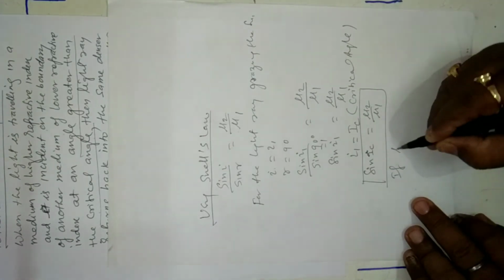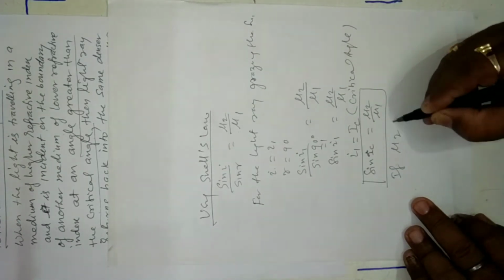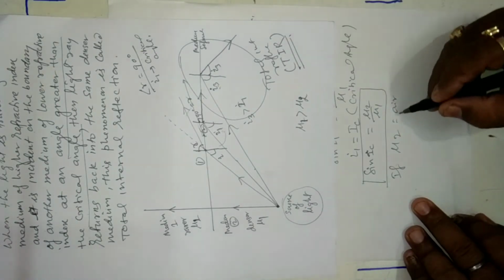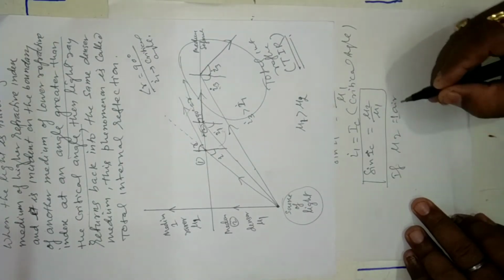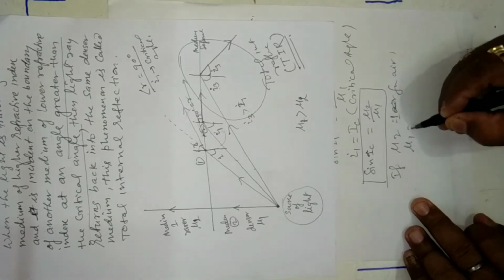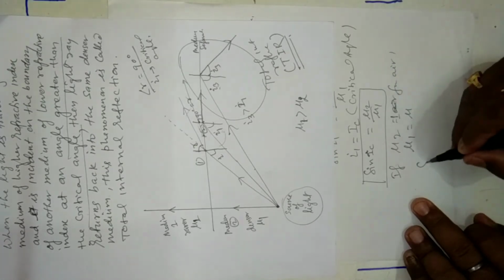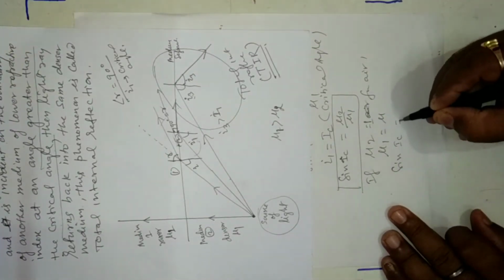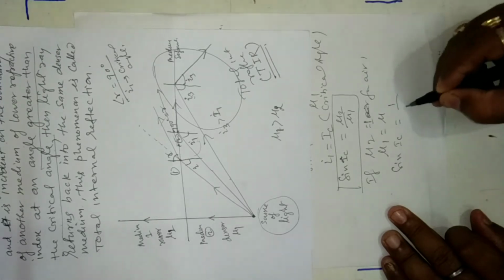If mu 2, the second medium, is air, then mu 2 is equal to 1, and at that time mu 1 will be written simply as mu. So we can write sin IC is equal to 1 by mu.